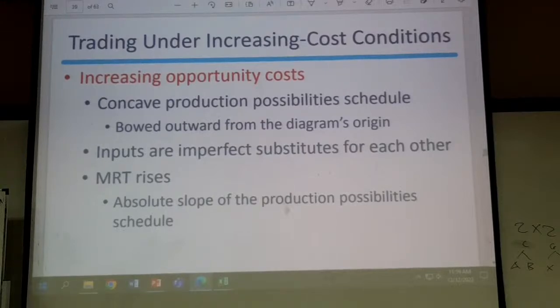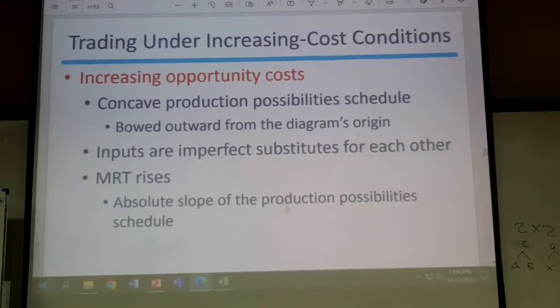So as you move to the right, for example here, the gradient increases. Here low gradient, higher gradient. So opportunity cost gets higher as you move to the right. So that's why increasing cost. You follow me now?